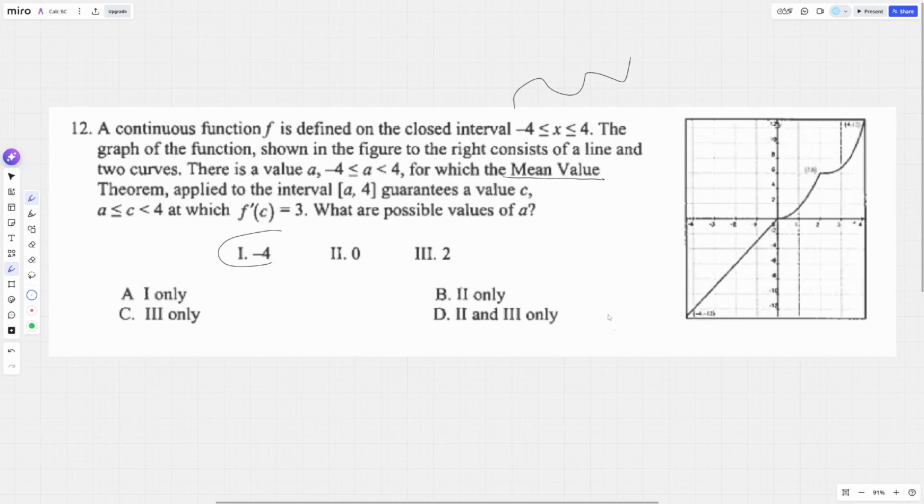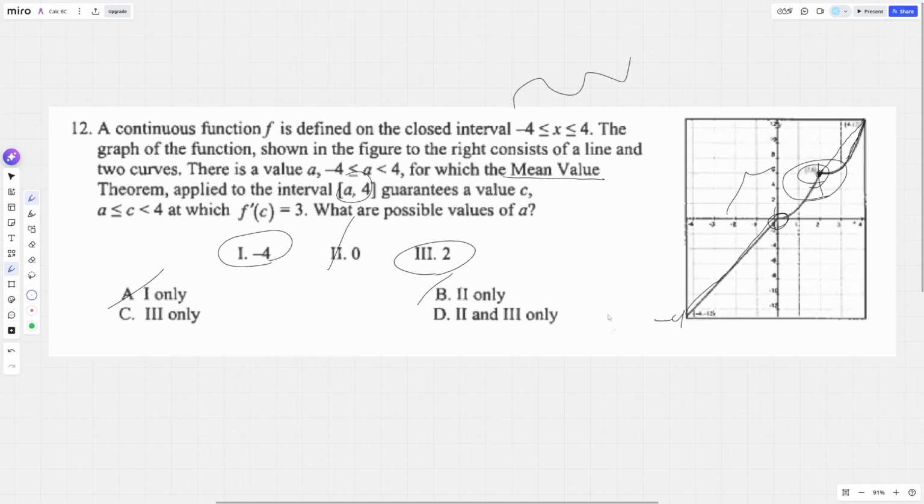When a is equal to -4, we see that it's differentiable, but then over here there's a change in slopes, and it happens here again, which means that it is not differentiable at these 2 points, making it invalid for a equals -4. And at 0, the same thing happens over here, so it can't be 0. And at 2, we start off at this point, and as you can see, it is differentiable for all points.